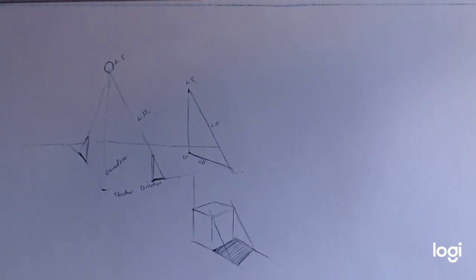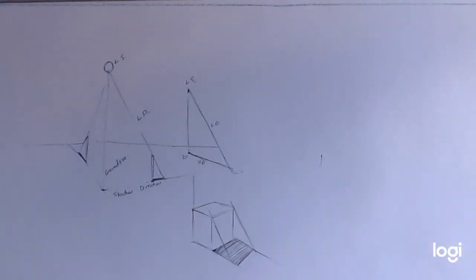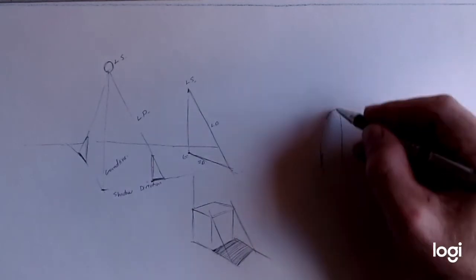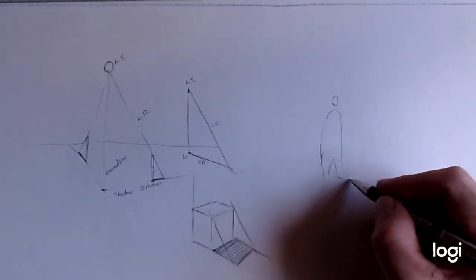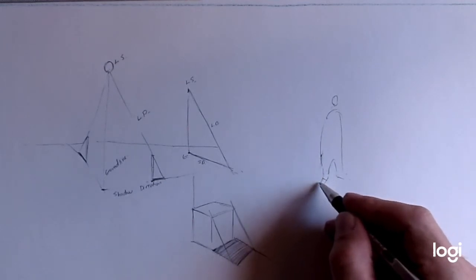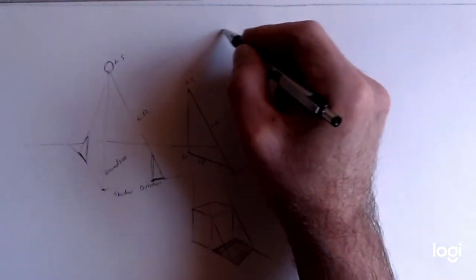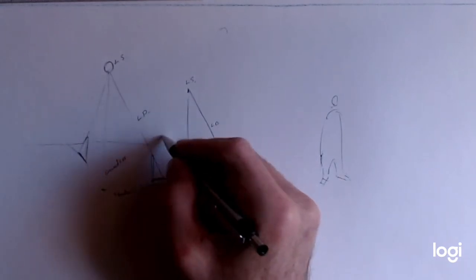Now this can get to be kind of fun. Like let's say for instance we have a person. And let's imagine my light source, we'll start out with my light source about here.